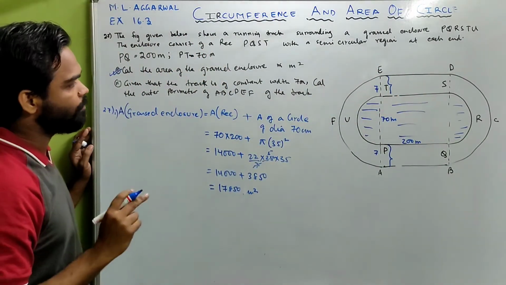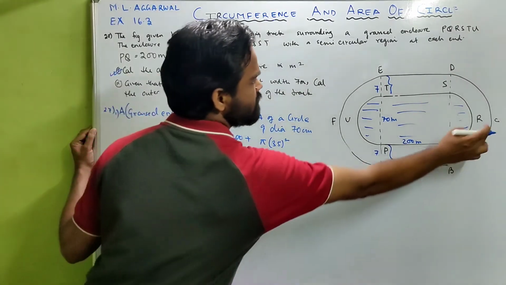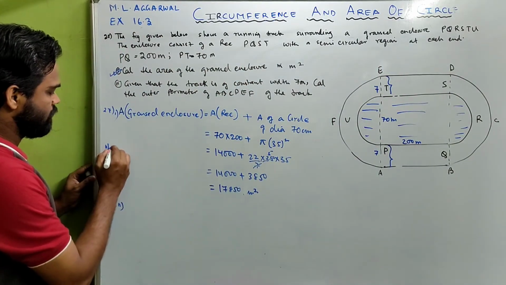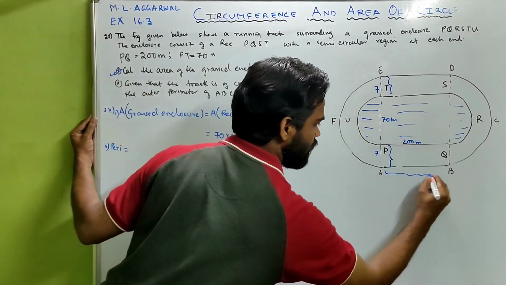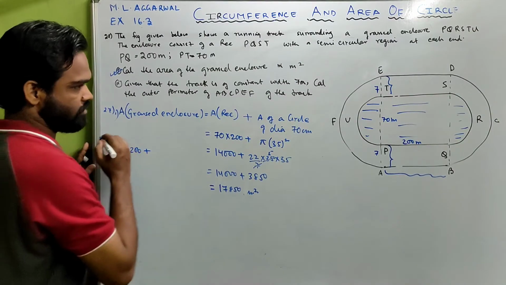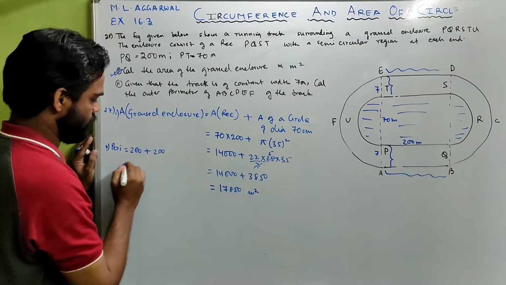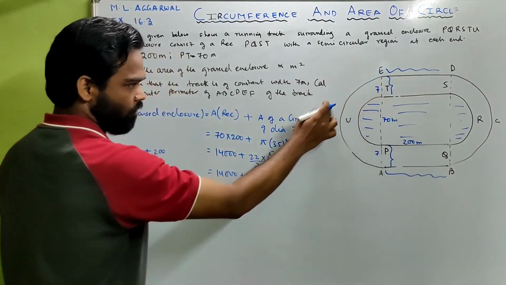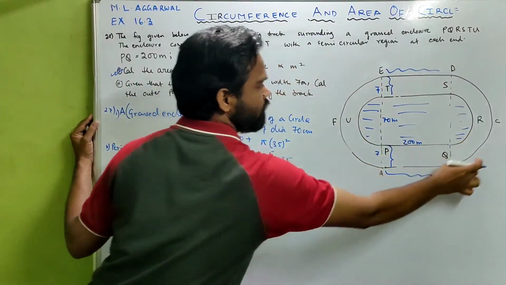Calculate the outer perimeter of A, B, C, D, E, F. Not an issue. See, the perimeter will be AB, which is 200, plus ED, which is again 200, plus the outer boundary of this semicircle and the outer boundary of this semicircle.